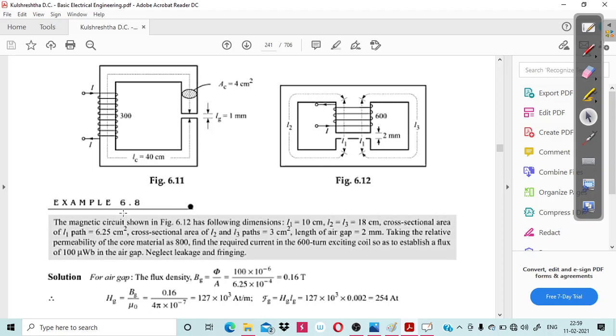The problem is: the magnetic circuit shown in figure 6.12 has the following dimensions. It has a length L1 given as 10 centimeter, and L2 equal to L3 equal to 18 centimeter.